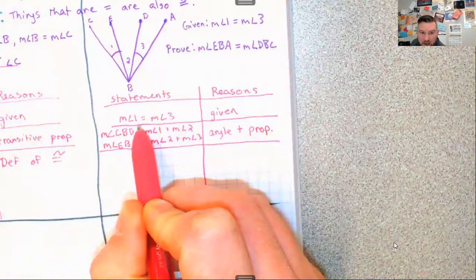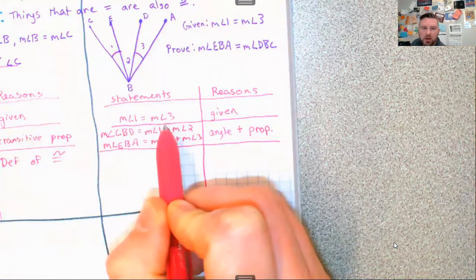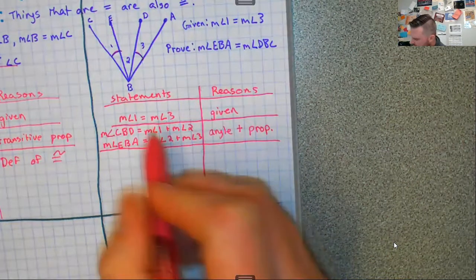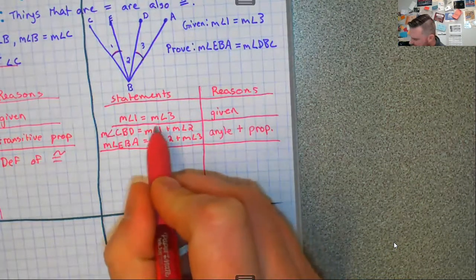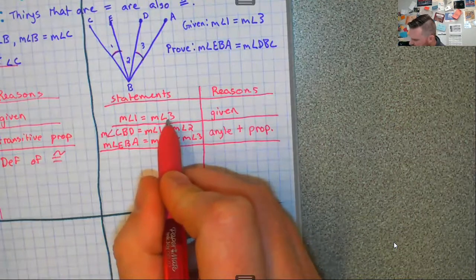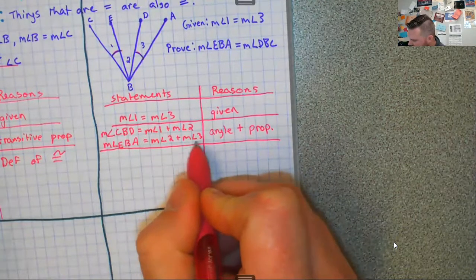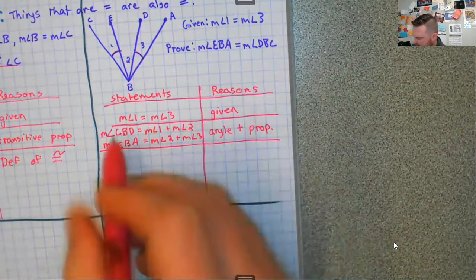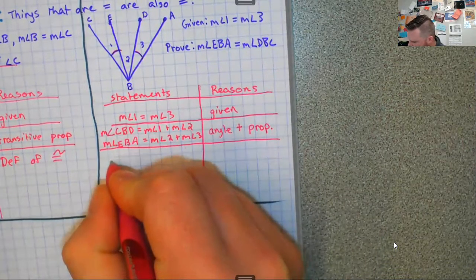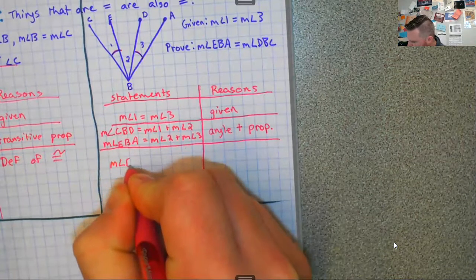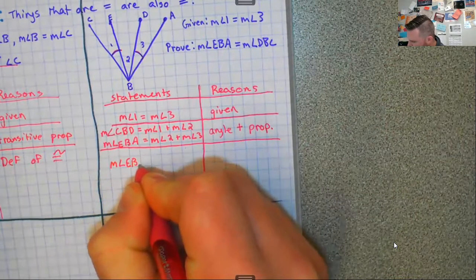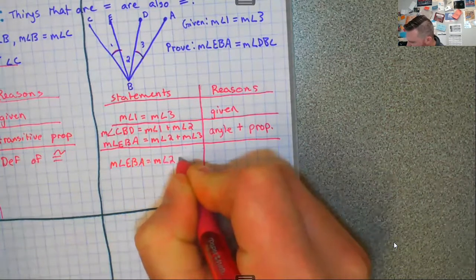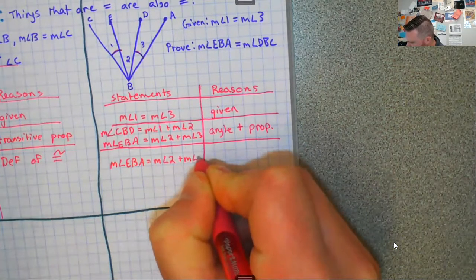We can do some substitution because of this right here. I know that angle 1 and angle 3 are the exact same thing. So I can either change this to angle 3 or I can change this to angle 1. It doesn't really matter. I'll just take this last one here. So the measure of angle EBA equals the measure of angle 2 plus the measure of angle 1.